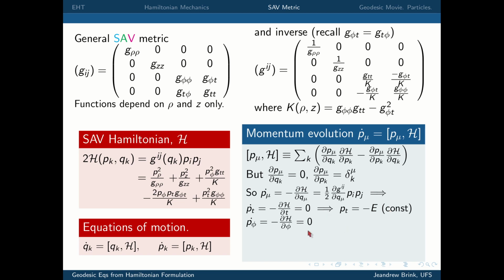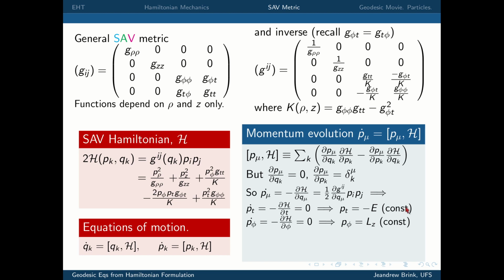Similarly, we assume that our metric functions over here are independent of the variable phi. So dH d phi equals 0. Therefore, we can directly integrate p phi, and we will call p phi Lz, in some sense the angular momentum around the z-axis, which is also conserved.